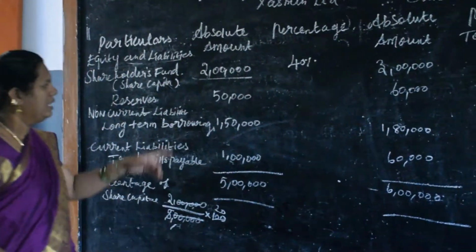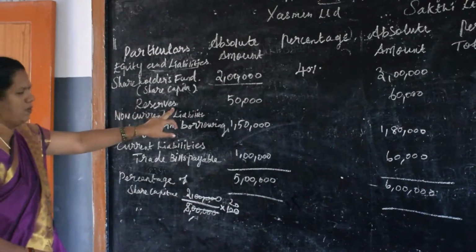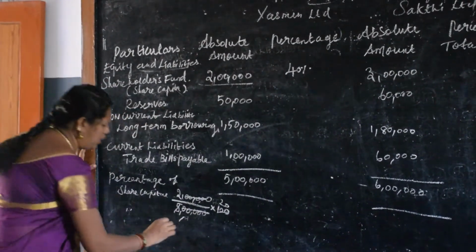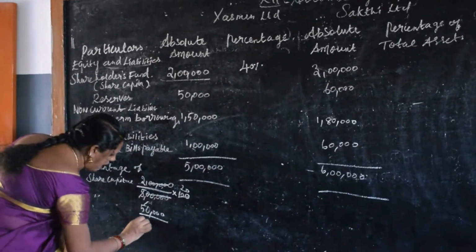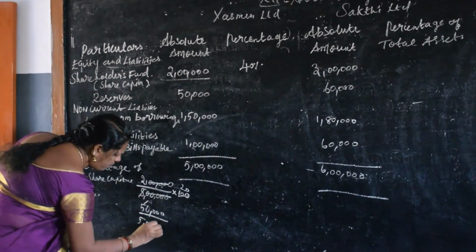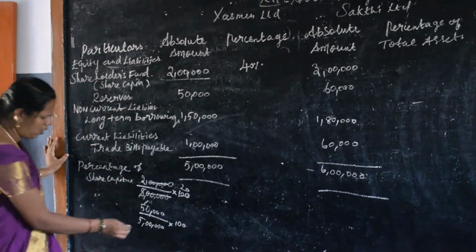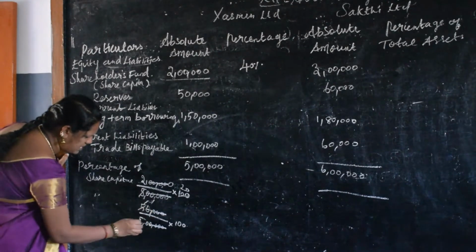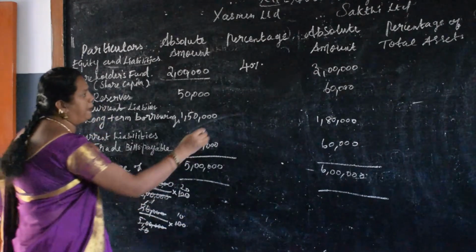Are you clear? The next one is the percentage of reserves. Write the numerator as 50,000 divided by 5 lakh into 100. You can strike out the 4 zeros. This is 1 times, this is 10 times, so that is 10 percent.